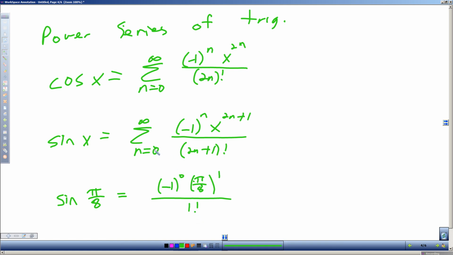First plug in 0 for all of the n's, and x is pi over 8. Plus, next you get -1 to the first, pi over 8 to the 2 times 1 plus 1, over 3 factorial.